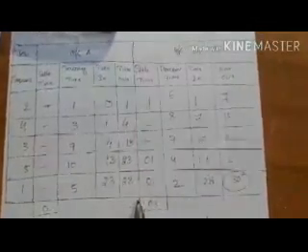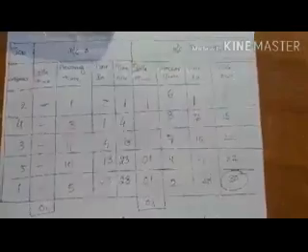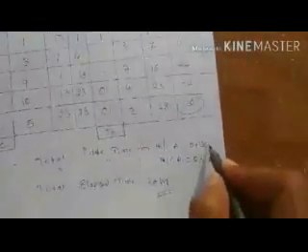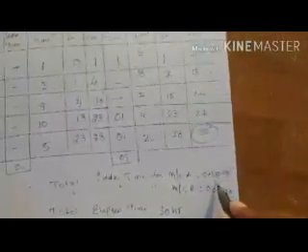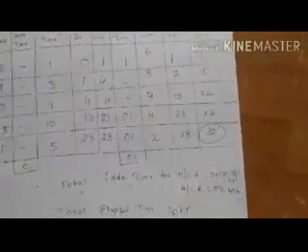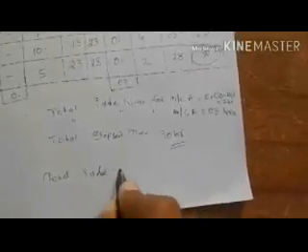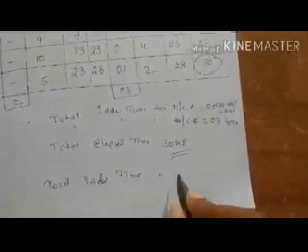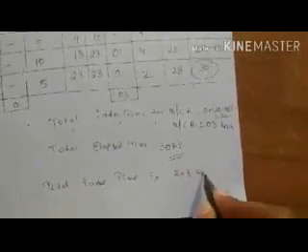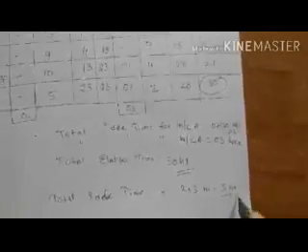So the difference is 30 minus 28, that is 2 hours. Total idle time is 2 plus 3 hours.